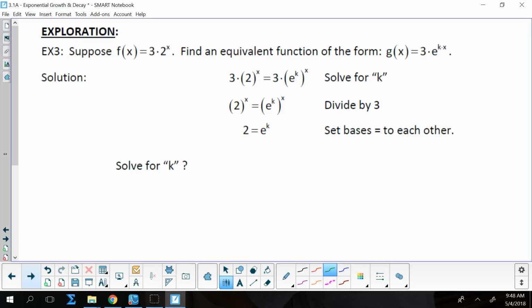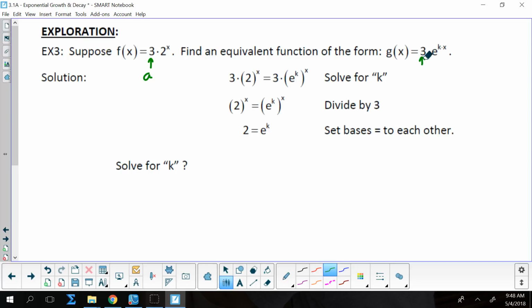Okay. Suppose f of x equals 3 to the 2x power. So 3 is my a, right? So that's where this 3 comes from.